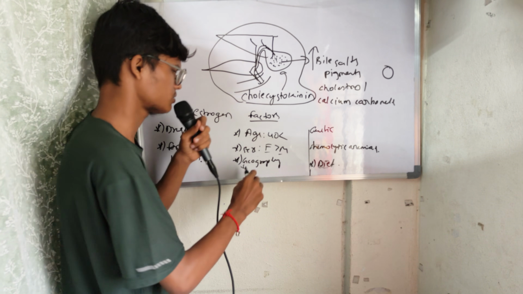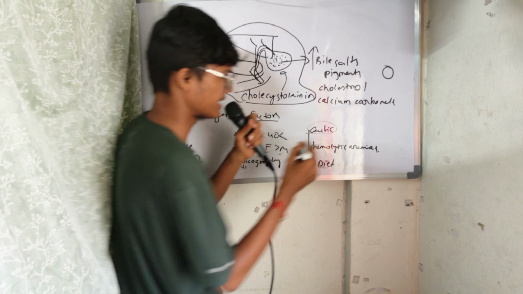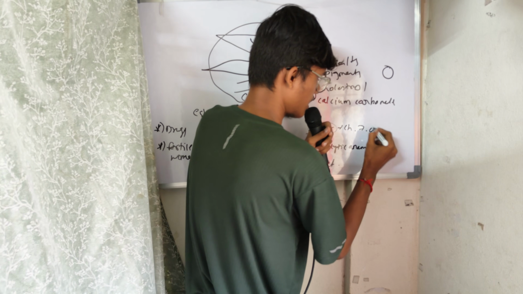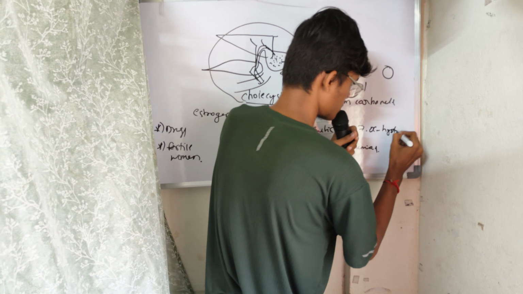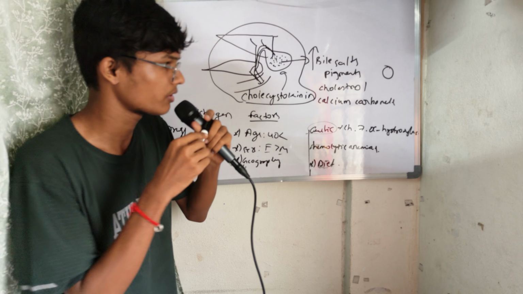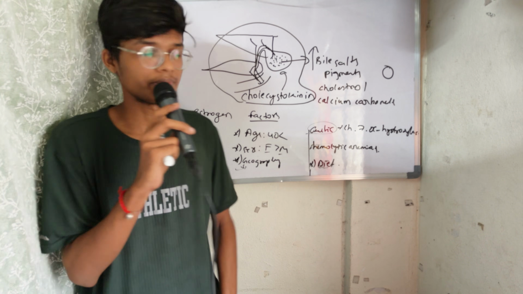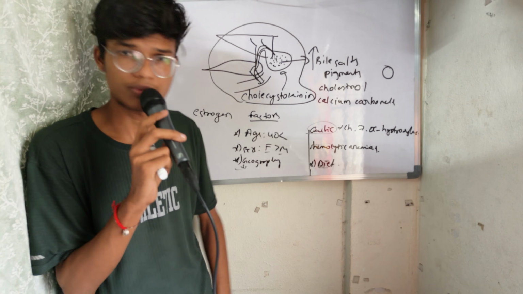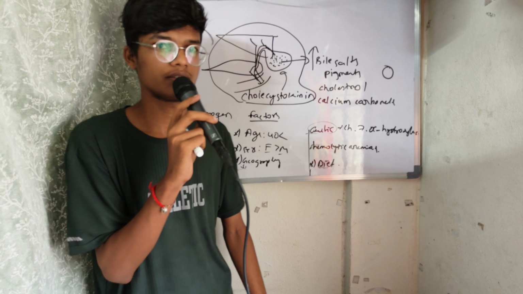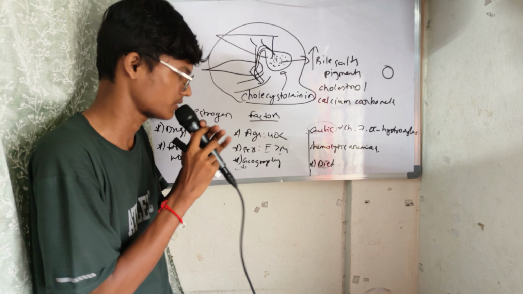Genetic factor: there is one enzyme called cholesterol 7 alpha hydroxylase, which breaks down cholesterol, but due to genetic susceptibility there is a mutation in this enzyme. So cholesterol will be increased. Okay, understood.